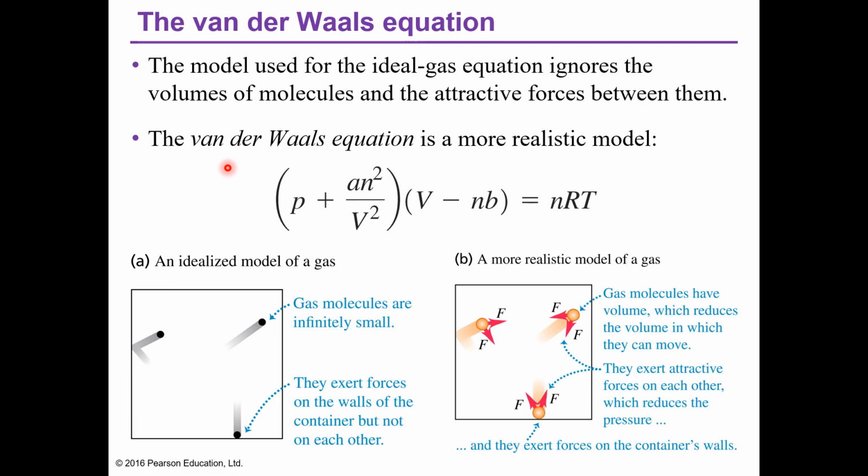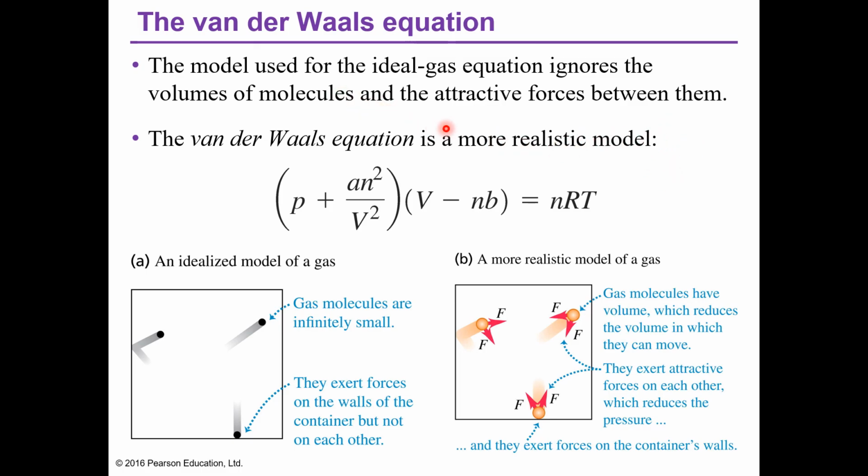So basically, it is a more realistic model compared to the ideal gas equation. It is more realistic because it accounts for the volume of the molecules and also the intermolecular forces between them. Okay?